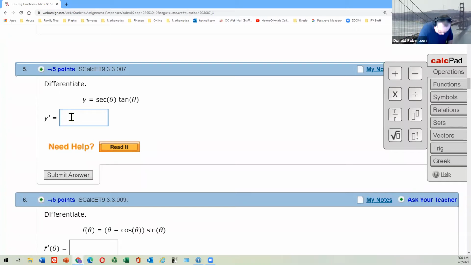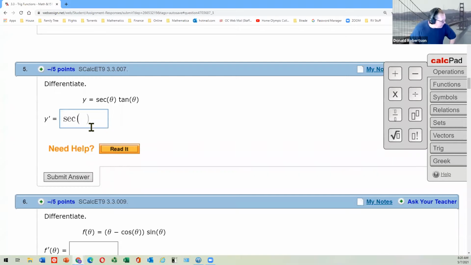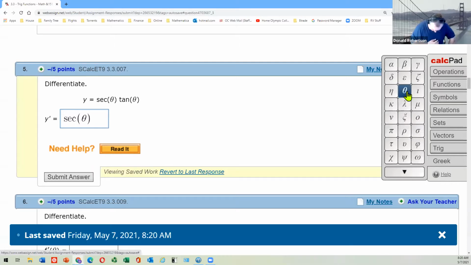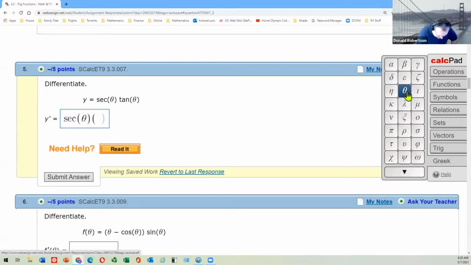The correct answer is secant. Now, to get theta, you have to go over to the Greek letters, and it's there. So if you're wondering where theta is, that's it. So we've got secant theta, bracket, and what is it? Tan squared theta. Okay. Here goes.